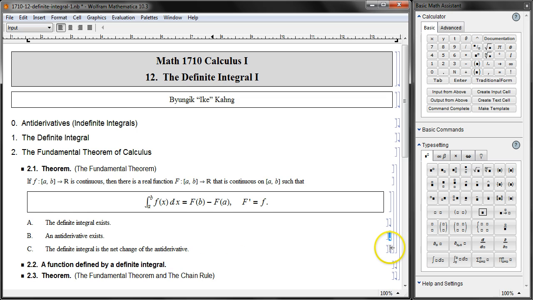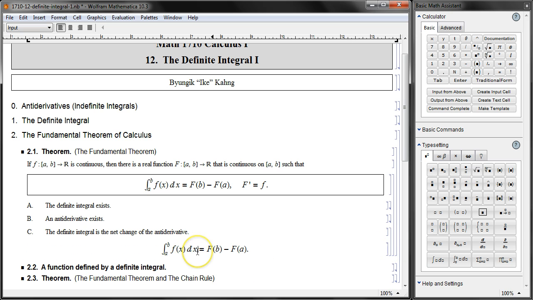Finally, we can calculate the definite integral which exists using the antiderivative which exists. And the definite integral is the net change of the antiderivative, capital F of b minus capital F of a.